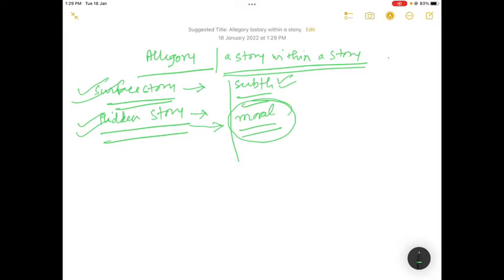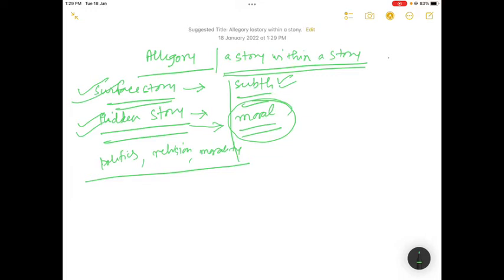In most of the allegories, the hidden story has something to do with politics, religion, or morality. And that is why sometimes we say that it's political allegory or it's a religious allegory.